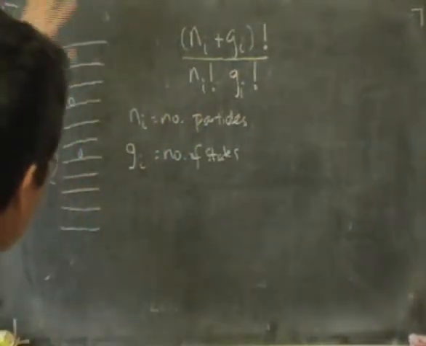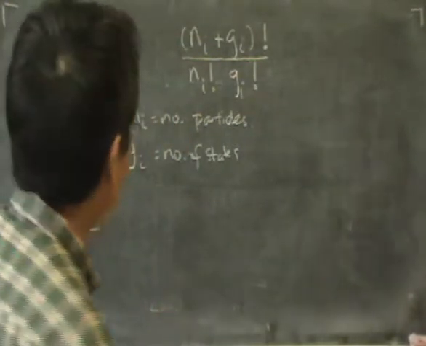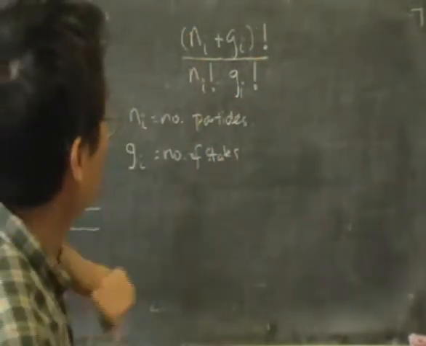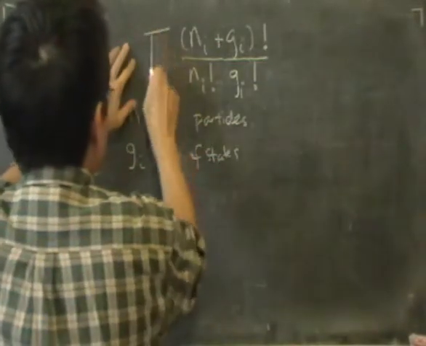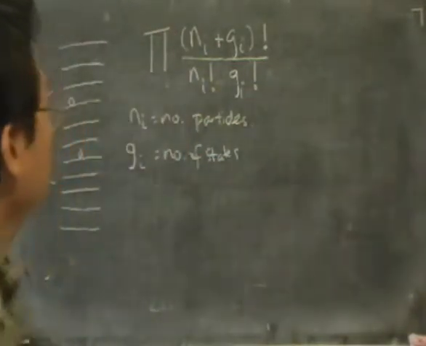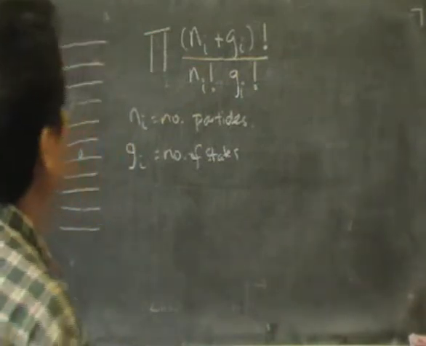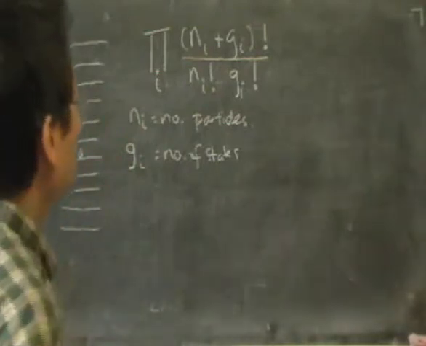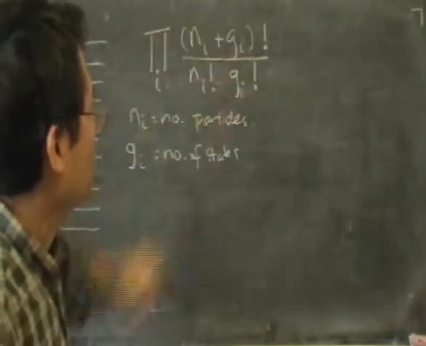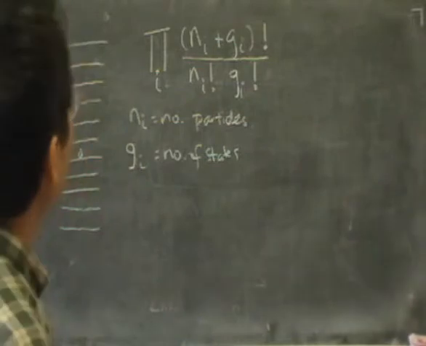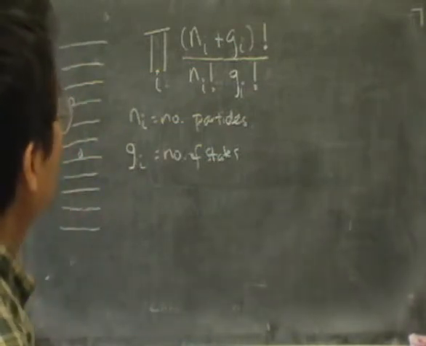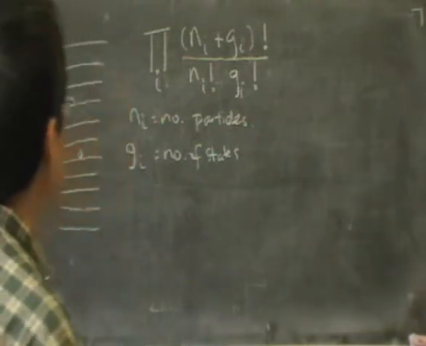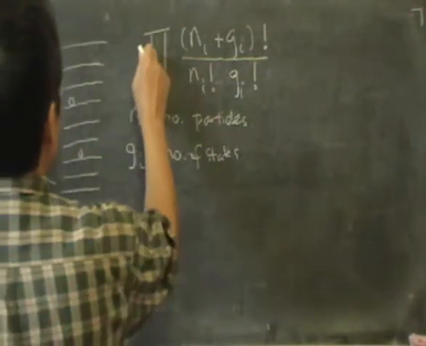So the total number of arrangements for all the possible energy intervals is obtained by multiplying all those expressions together. I will use this big capital pi to represent a product. I'll write i under it, which means that we should multiply the expression for all the possible i's. And that is the final expression for the number of possible arrangements in this ideal gas.